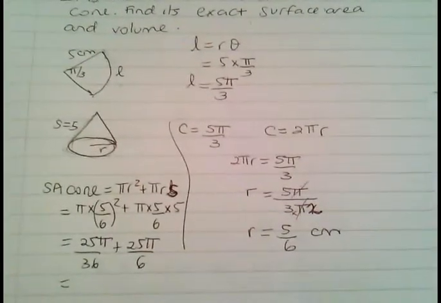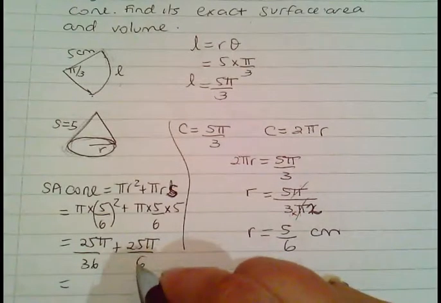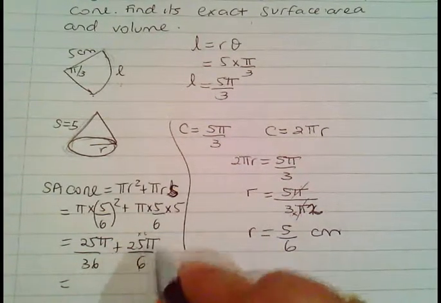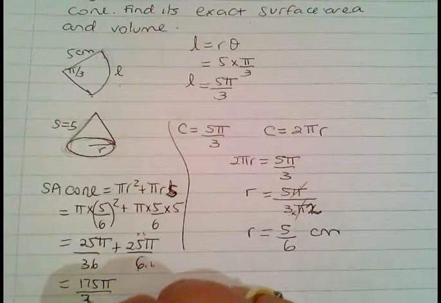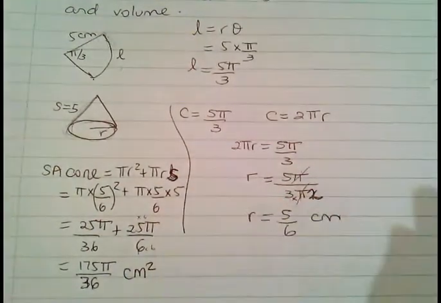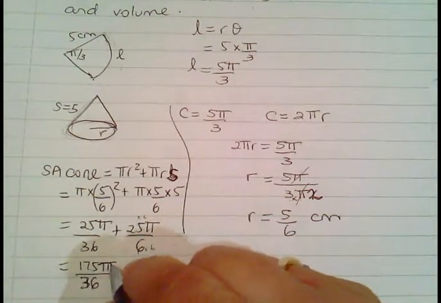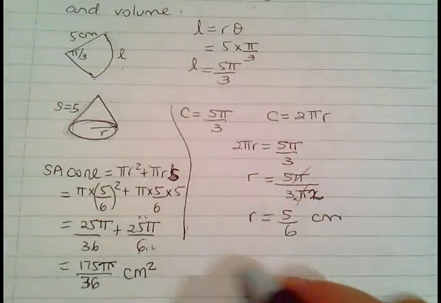You're just adding the fractions, 25 over 36 plus 25 over 6, making a common denominator of 36. You'd get 175 pi over 36. That would be the surface area of the cone, and of course the units are centimetres squared because it's area. Now, that's your surface area.